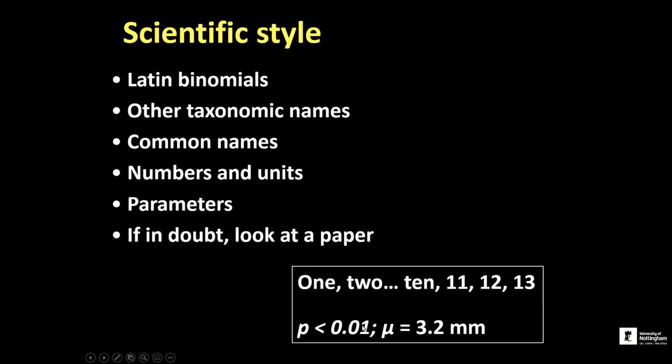So bear that in mind: italics for parameters and spaces where possible. I've just noticed that this number here, 0.01, is actually in italics when it shouldn't be. So that's a mistake I've made on this slide, but you get the idea. Oh, and then another space after the number before you put the units.